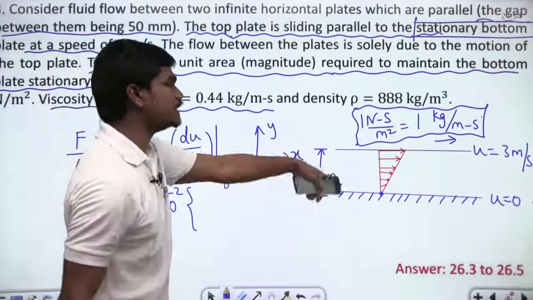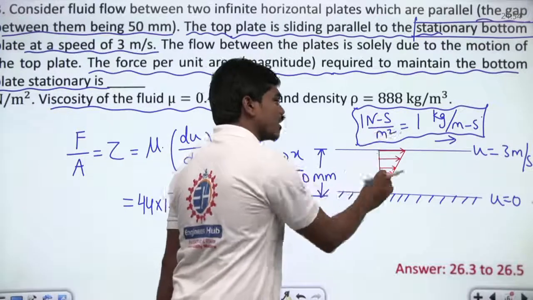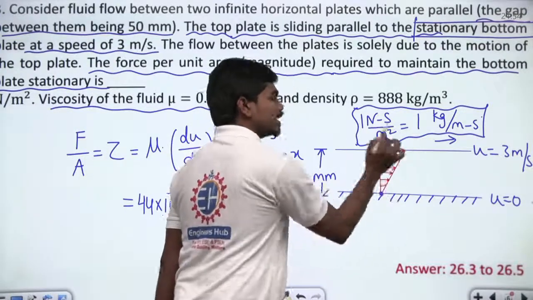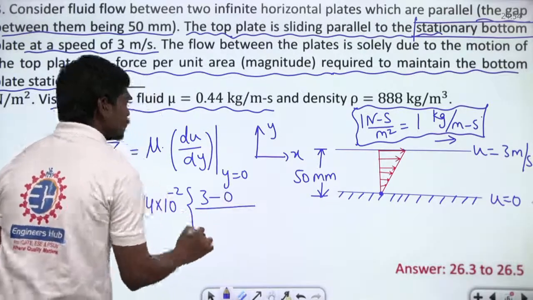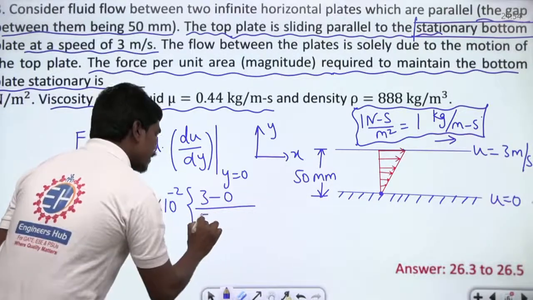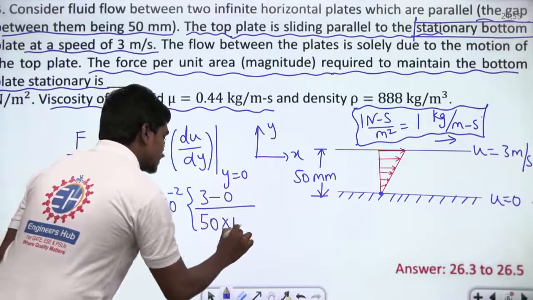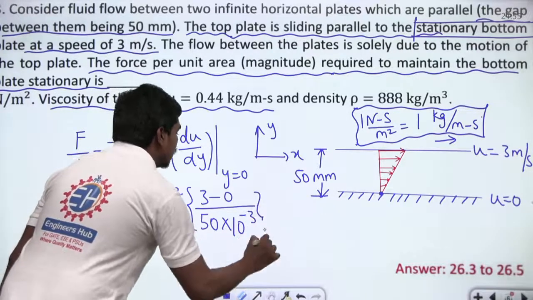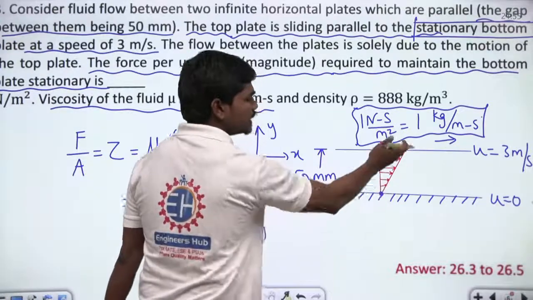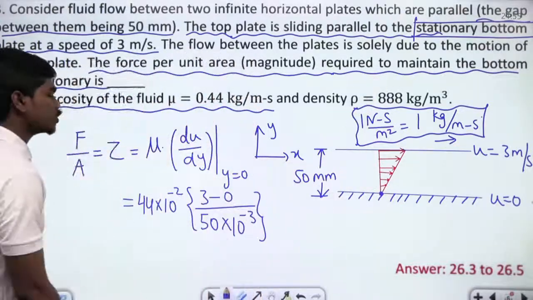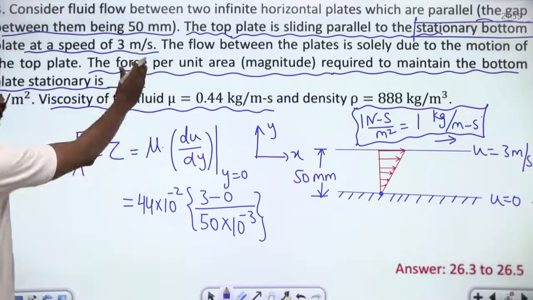So what is the velocity gradient? Within a gap of 50 mm, the velocity goes from 0 to 3 meters per second. So the gradient is 3 minus 0 divided by 50 mm, which can be written as 50 into 10 to the power minus 3 meters, at y equal to 0. Of course, since this is a linear velocity profile, the velocity gradient is the same at each and every point. This is the value we need to calculate, the force per unit area.